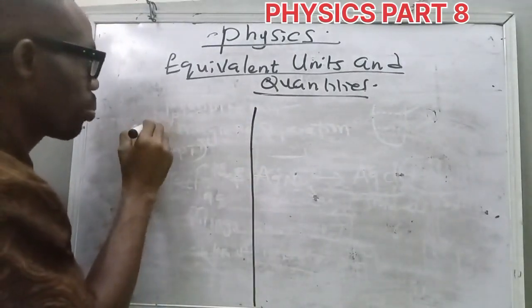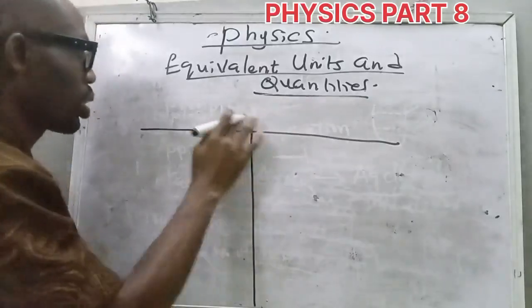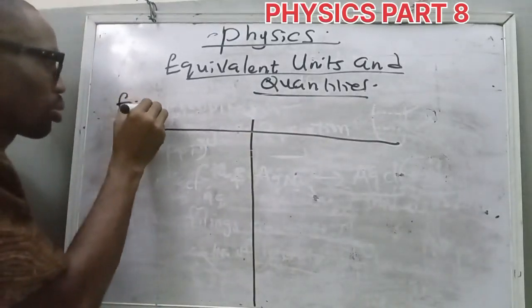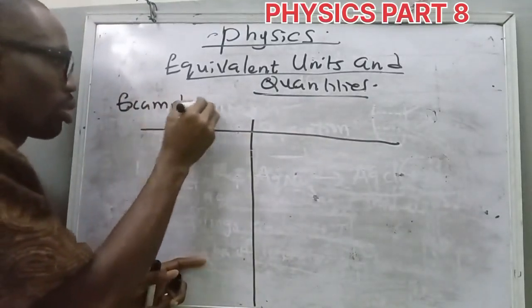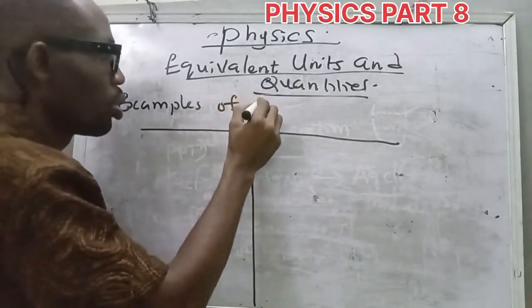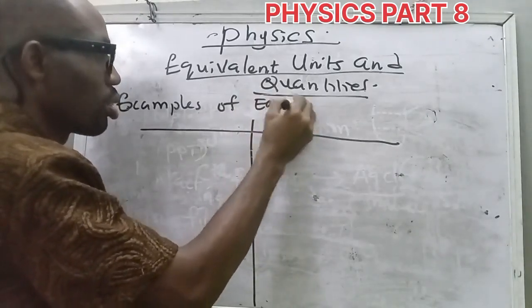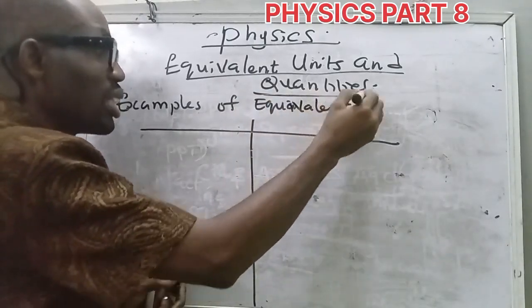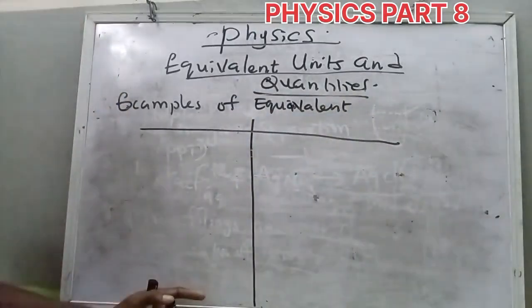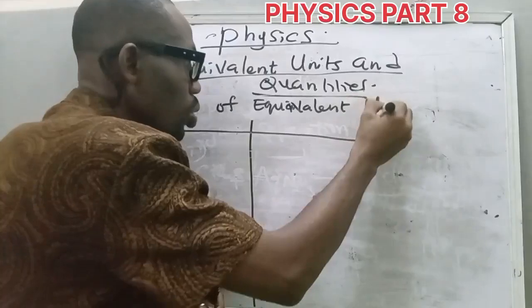So examples of equivalent units. Equivalent means the same. Let me just summarize it out.